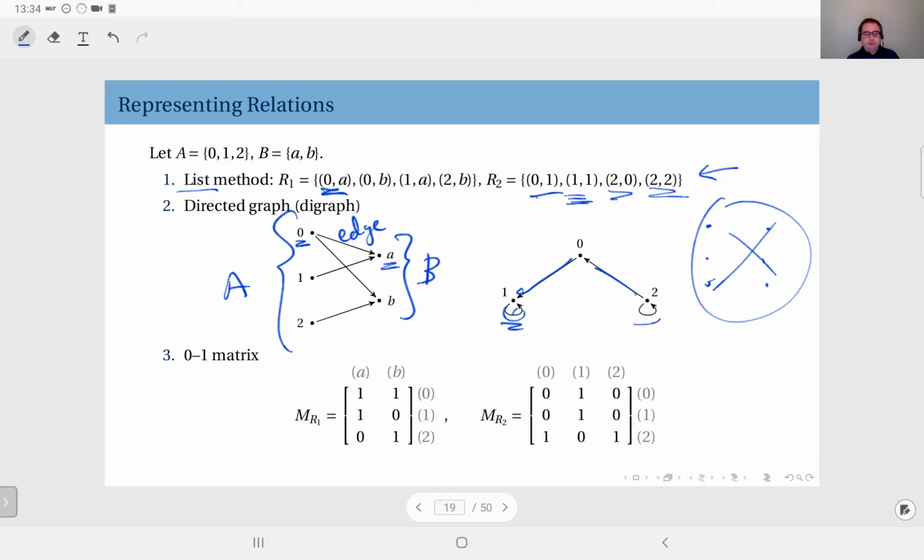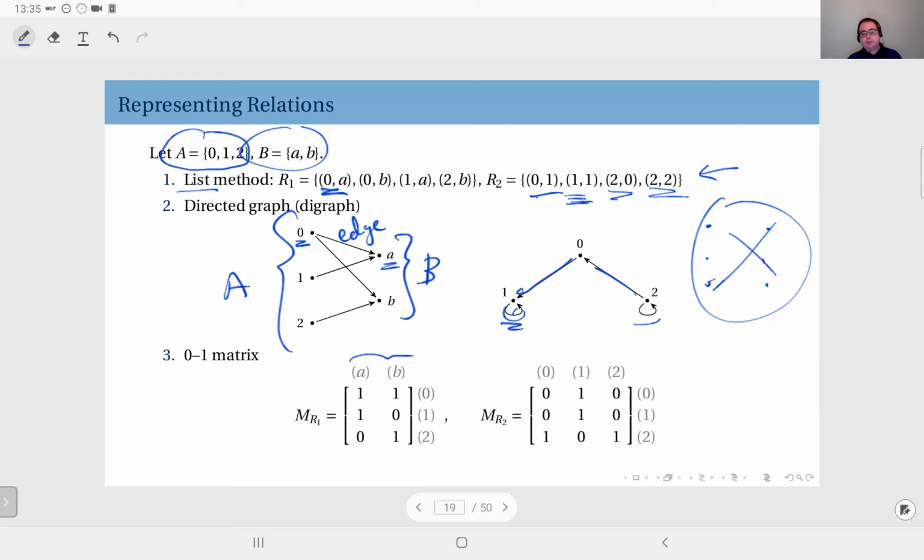And we also have the 0-1 matrix representation. Here we have a matrix, and each of the rows indicates one element of the first set, A here, and each of the columns represents an element from set B. Now the enumeration here is not that important as long as you keep it consistent throughout your statements, definitions and derivations.